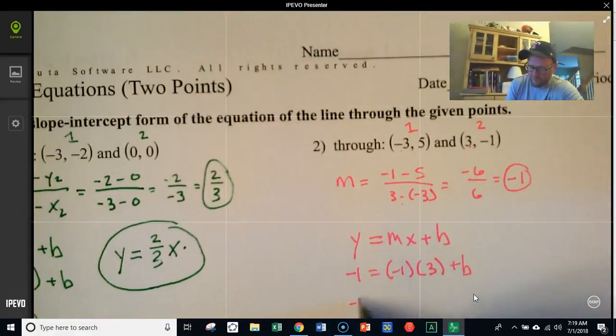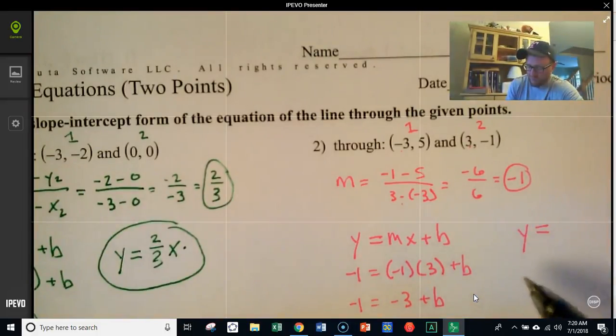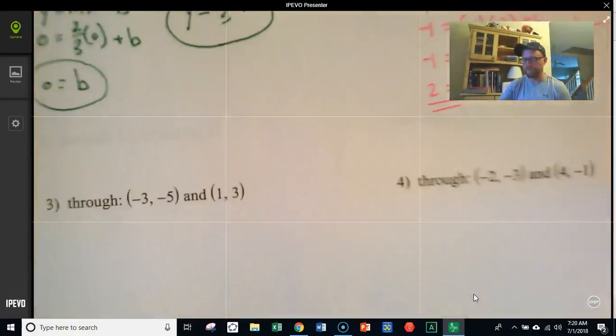So negative 1 equals negative 3 plus b. I'll add 3 to both sides. 2 equals b. So our equation is y equals negative x. We don't have to write the 1 there. It's just negative x plus 2. I'll circle my answer there. Okay.